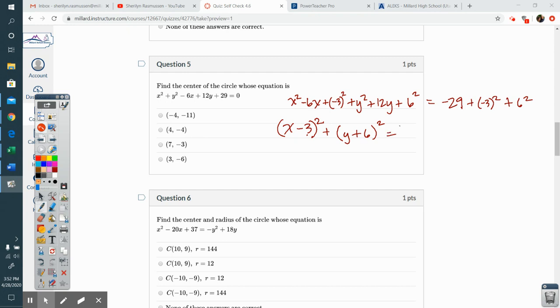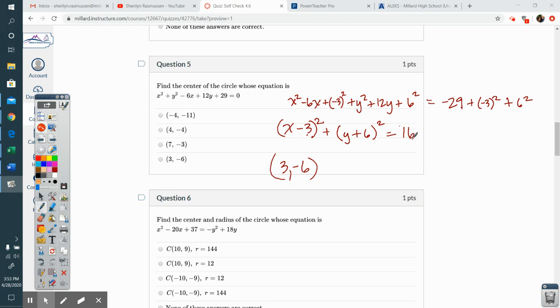So that equals, now on the other side, plug this stuff in. And so I go negative 29 plus negative 3 squared plus 6 squared. And that equals a positive 16. So my center is the opposite of this, opposite of that, which is 3, negative 6.